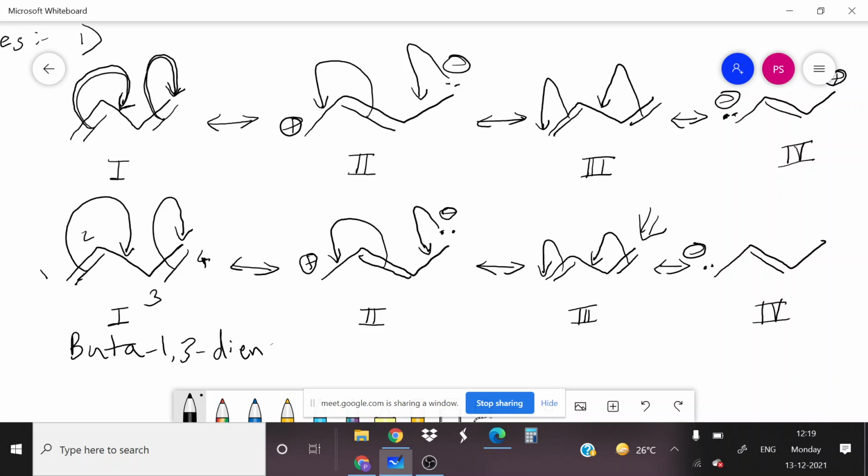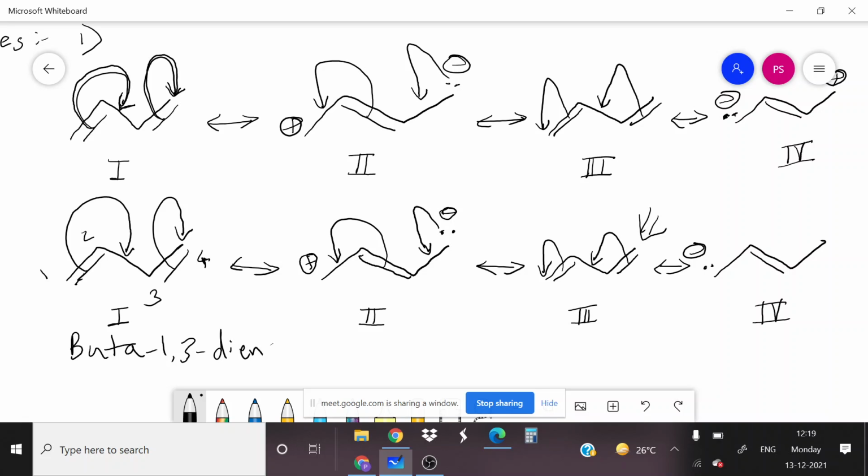So all these structures are called canonical structures, Lewis structures, or resonance forms, or resonance structures. In each of these structures the carbon-carbon framework, or atomic framework, or position of atoms, carbon and hydrogens, is intact.